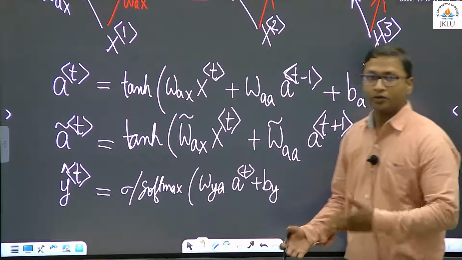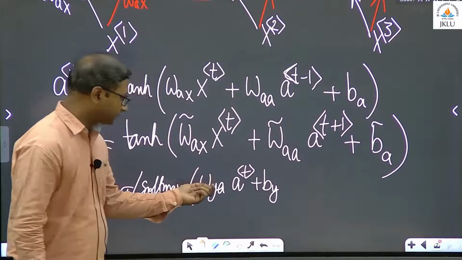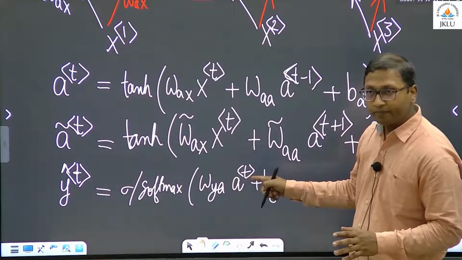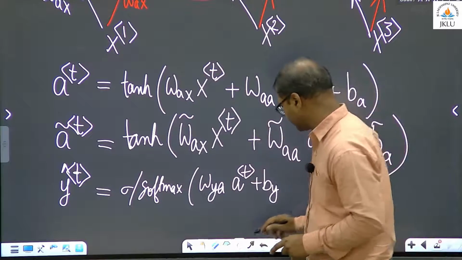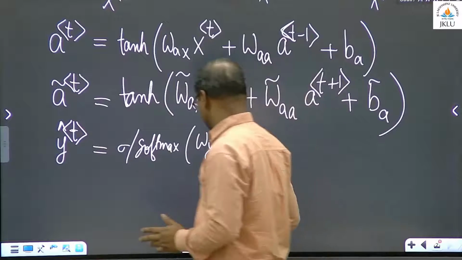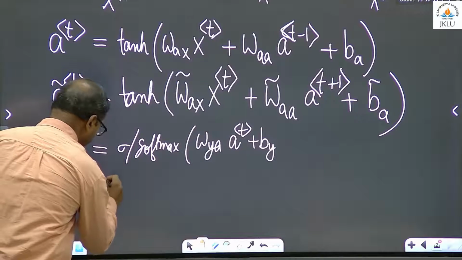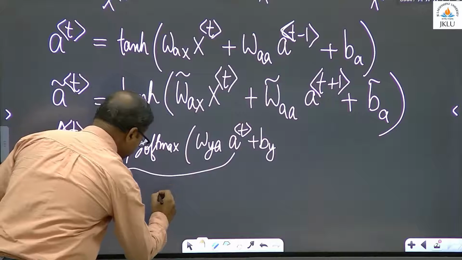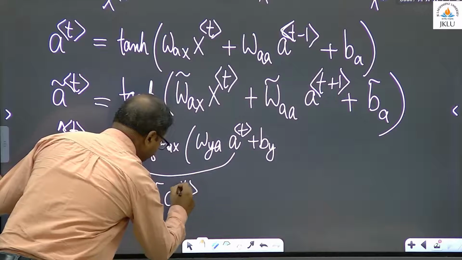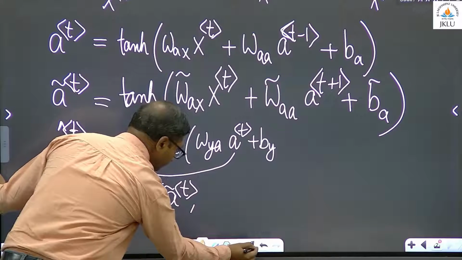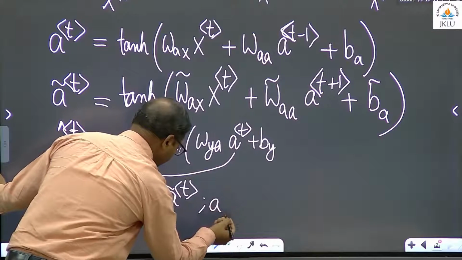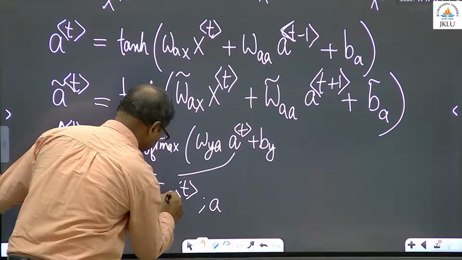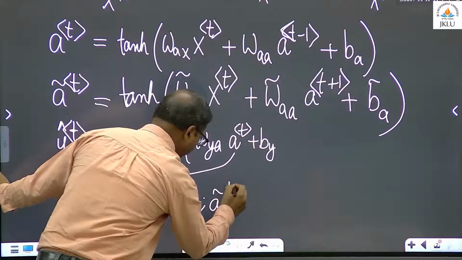Okay. Now you can do whatever. Either you just keep this, in fact you can't really keep that. So what will happen? You concatenate. So your new a_t that you will use here may be written as a_t and a tilde t.